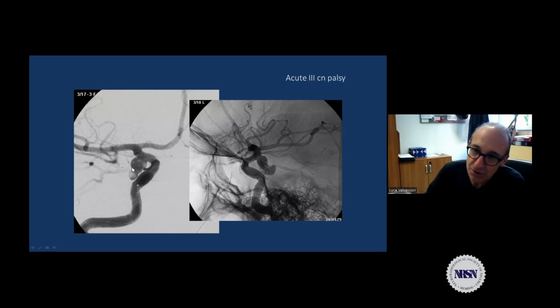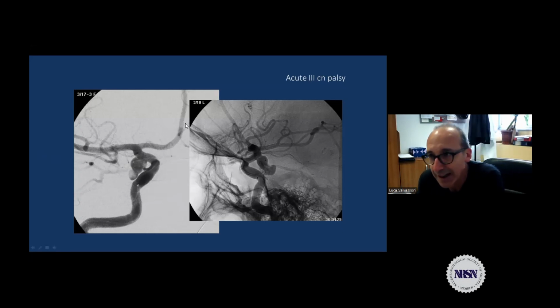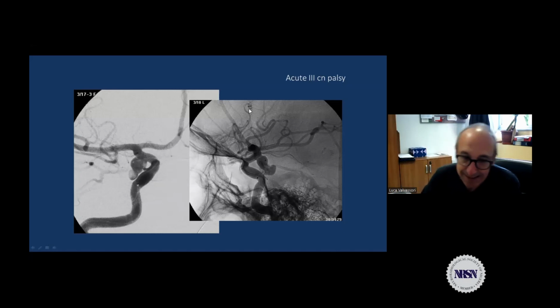So this small bleeding is against the third nerve. And this is why this case is treated as an emergency case, even if the subarachnoid hemorrhage is not a huge hemorrhage. But this is considered a pre-rupture.